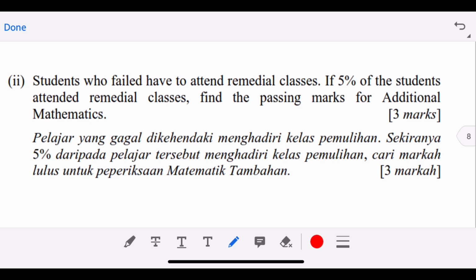Okay, for normal distribution, I just want to highlight to you that you just use a formula, and the question always comes in 2 types.